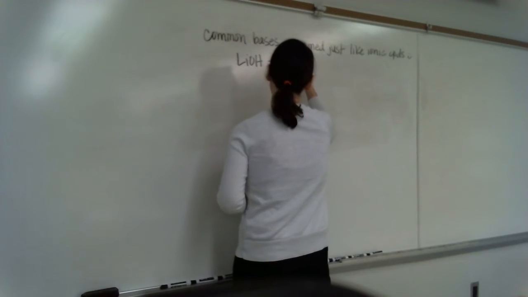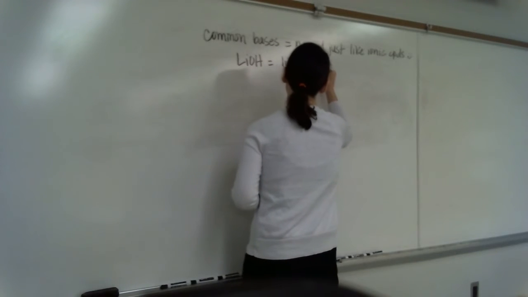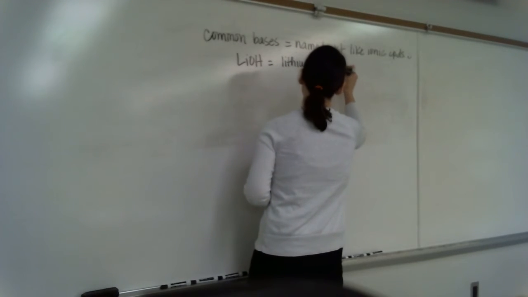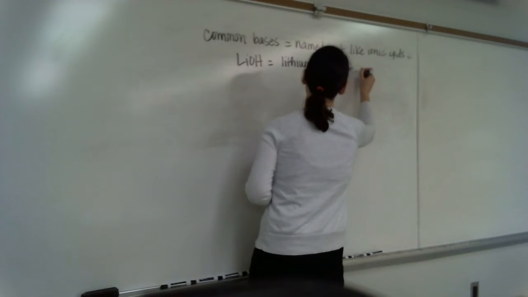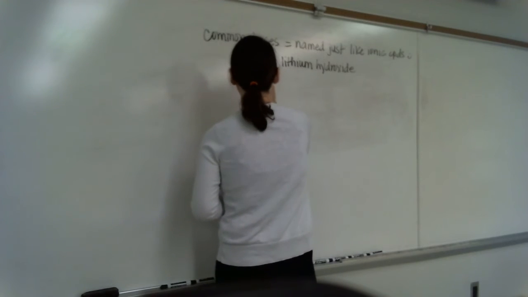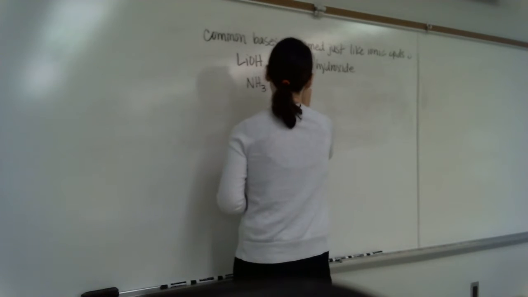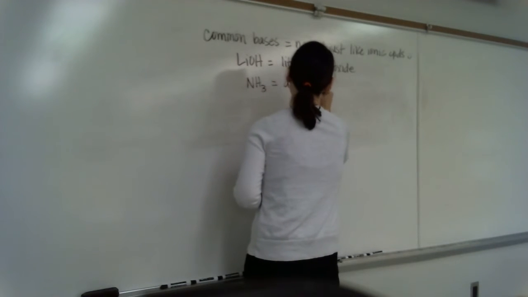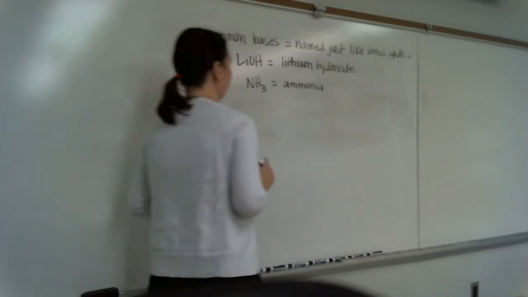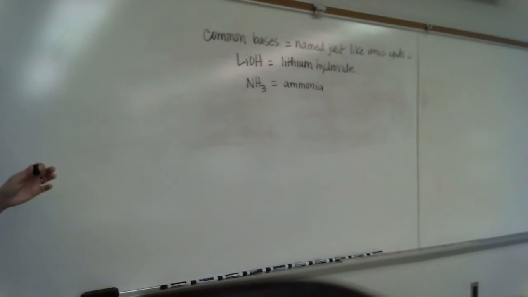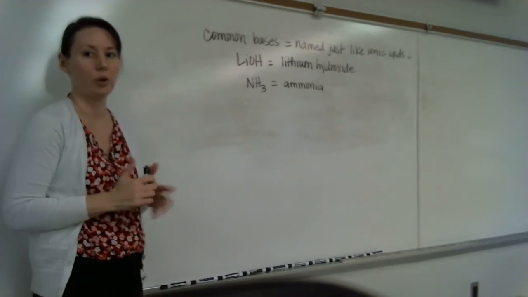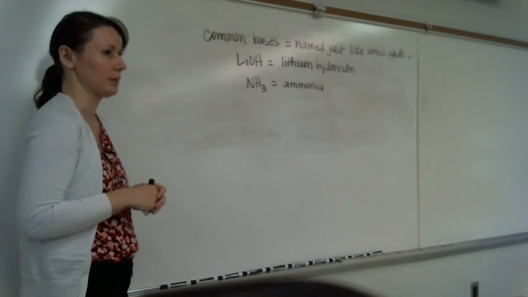That's just lithium hydroxide, right? The only one that you may not know off the top of your head, NH3, what's the name of that? Ammonia, good. Okay, so naming common bases is no worse than what you already know how to do. There's no new rules to learn for naming common bases.